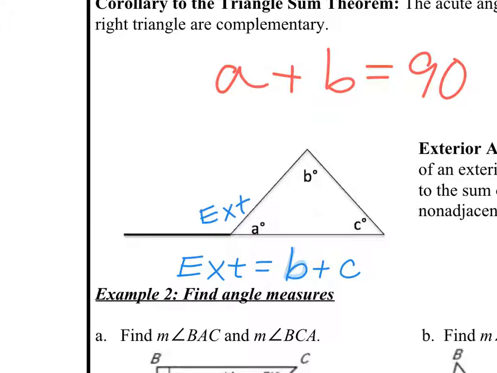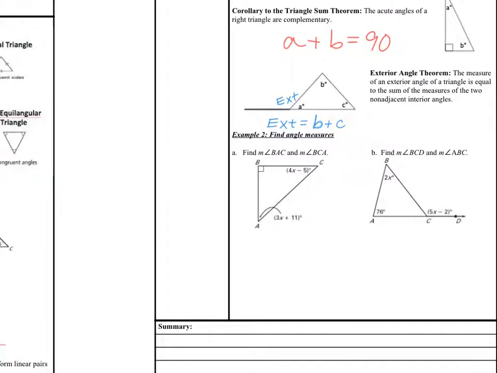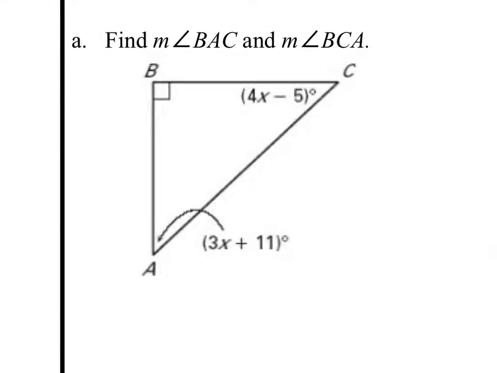Okay, we're going to write some equations with these and solve some algebra. So the first one, you have two options. You could add up all three angles, the 90 plus 3x plus 11 plus 4x minus 5, and what would it be equal to? 180. You could do that.